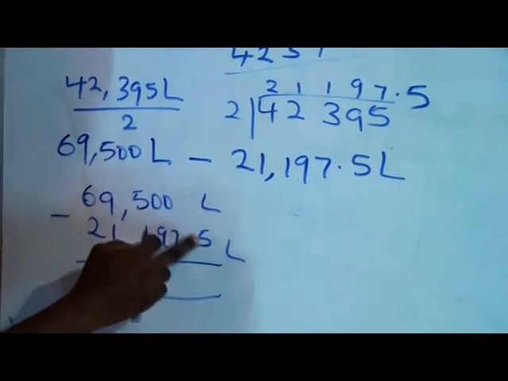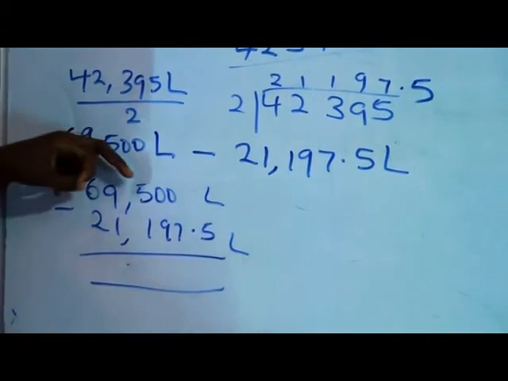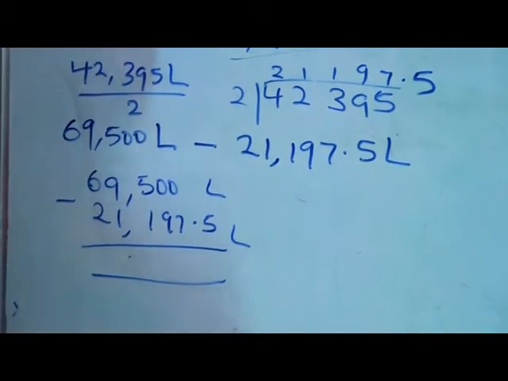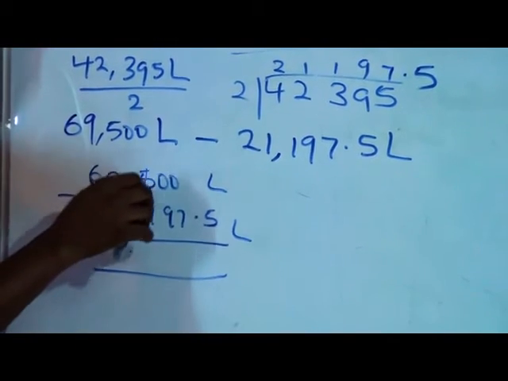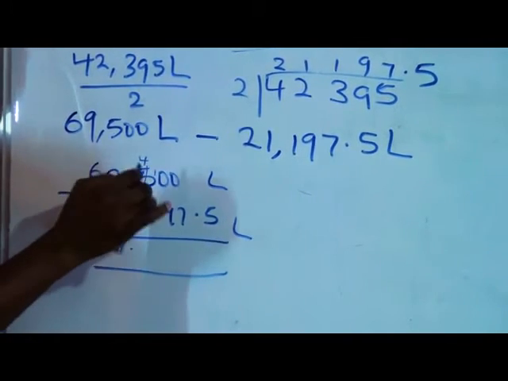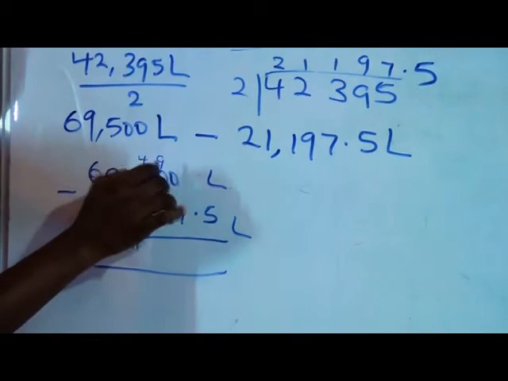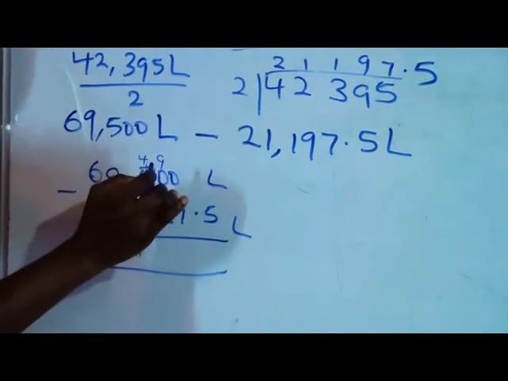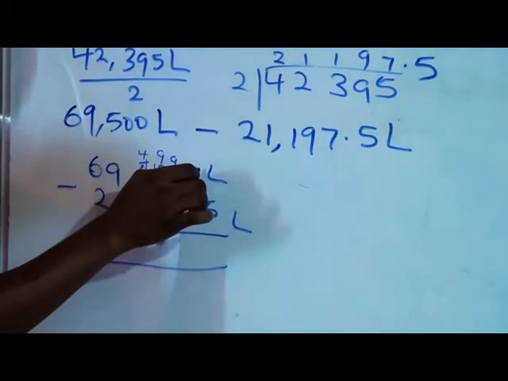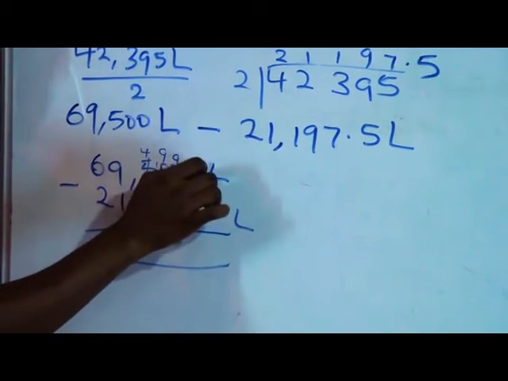So to take away this, it is 0, 0, so I need to borrow from here, 5. If I borrow 1 from here, I have 4 left. Bringing it here, 10. I borrow 1 from 10 to add here, making 9. This becomes 10. Borrow 1 from this 10. This becomes 9. Then the 1 can come in here.